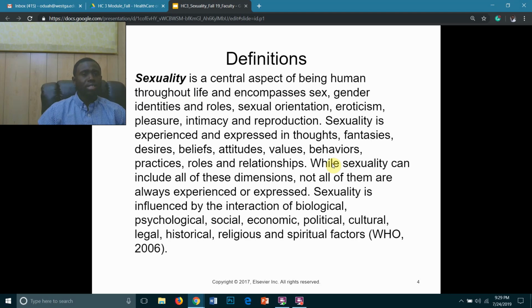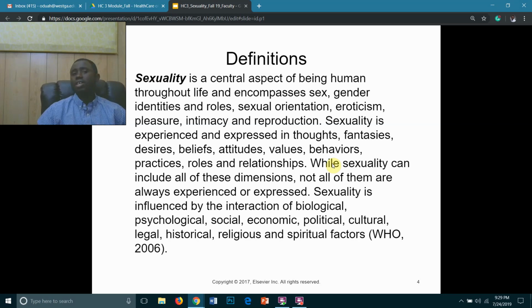Sexuality is experienced and expressed in our thoughts, fantasies, desires, beliefs, attitudes, values, behaviors, practices, roles, and relationships. So this means that sexuality is expressed and experienced in our everyday life.